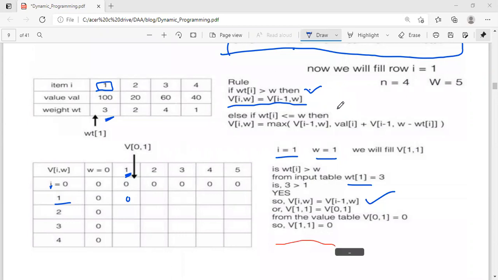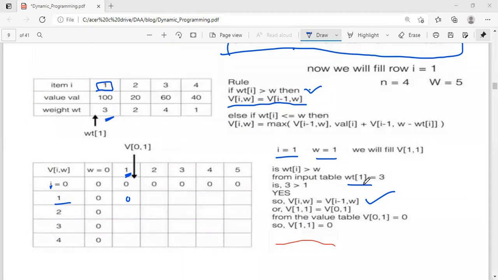Okay, so now the next one. Here we are checking with the formula, first one: wt of I greater than w. So what is wt of I? Whatever the weight of the item 1, that is called wt of I. What is I now? 1.